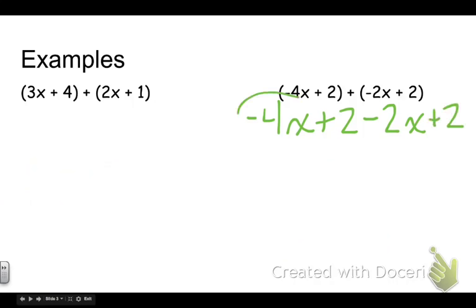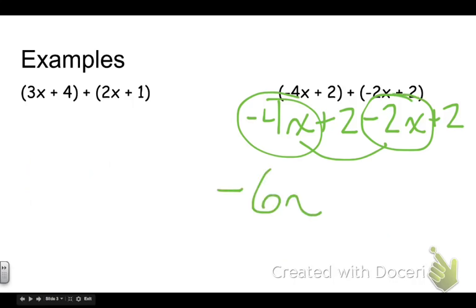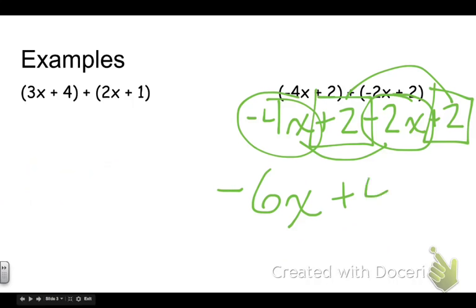And then they would combine like terms. Negative 4x and negative 2x, when I combine them, that's going to give me negative 6x. And then I've got plus 2 plus 2. When I combine those, it's plus 4. However you want to do it, whatever works for you. We'll do it both ways in class, and then you can pick what you can see easier.